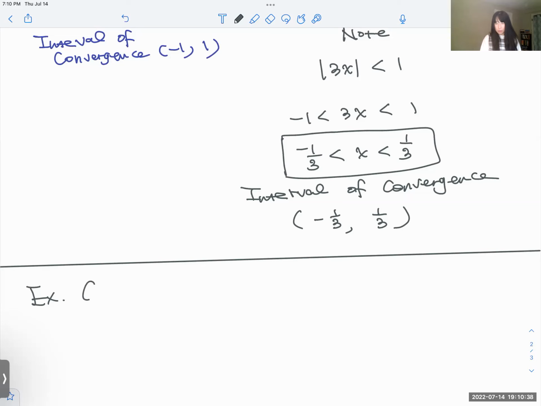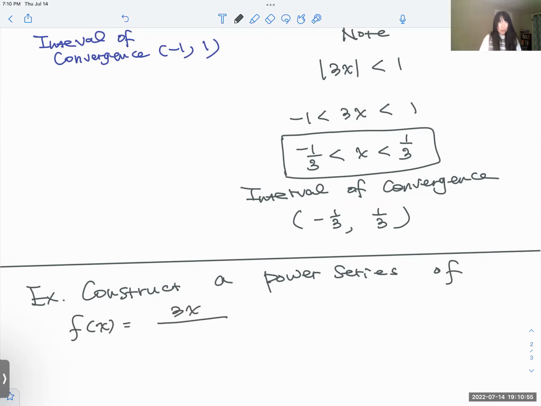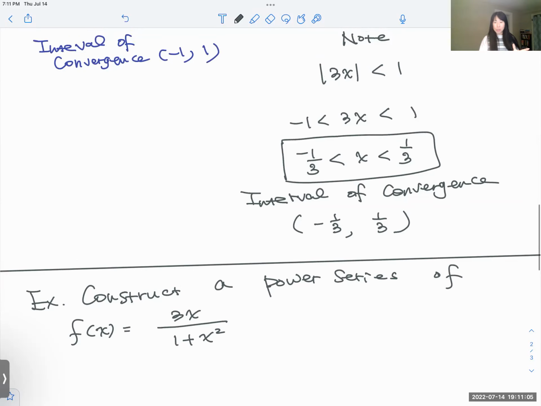So let me see, just to make it shorter, construct a power series. Okay, we have f of x equal to 3x over 1 plus x squared. Okay, so let's take a look. So look, everything is a basic power series, which is this one.